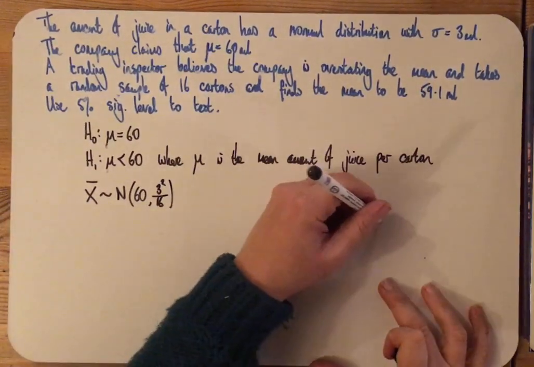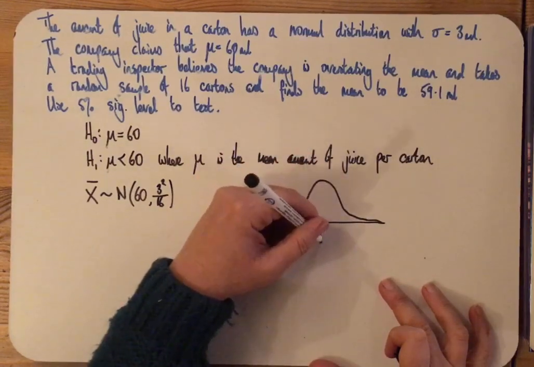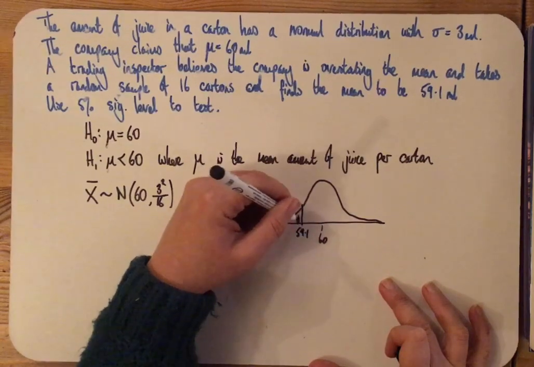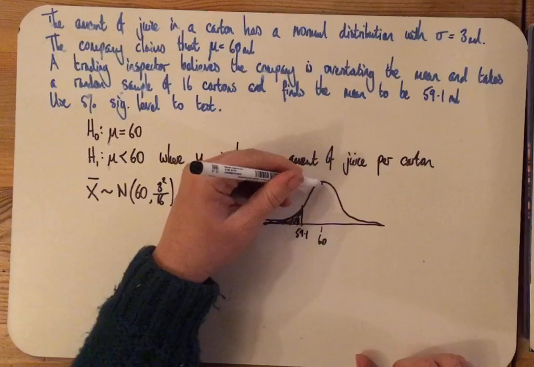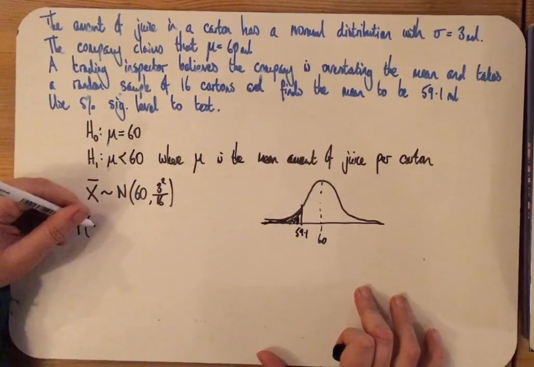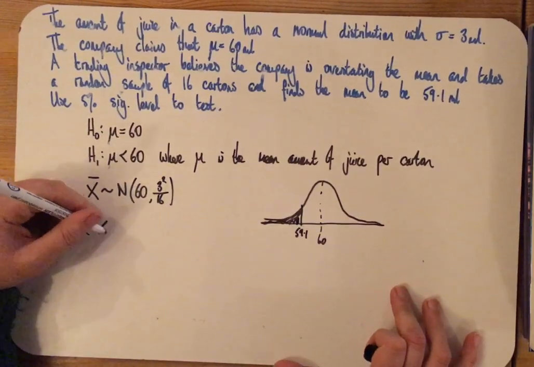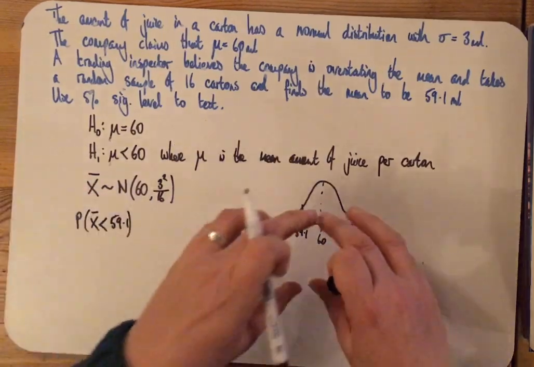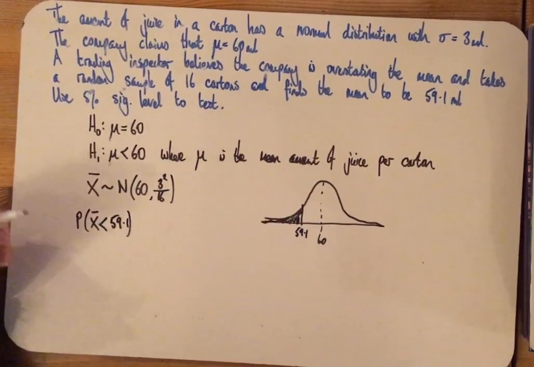And so quick sketch, mean is at 60, we're somewhere here at 59.1, and we need to find that probability of being in the tail. So we want the probability that the sample mean is less than 59.1 in this distribution.